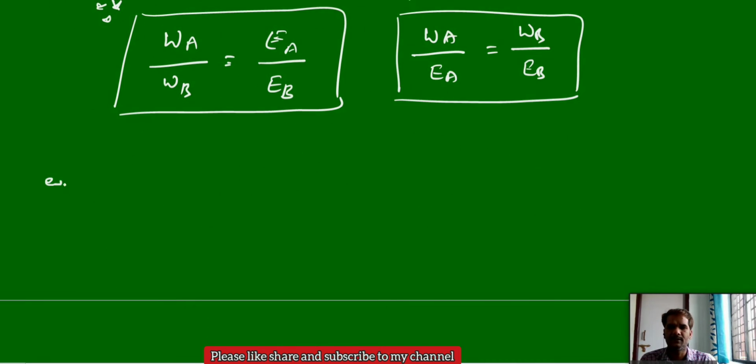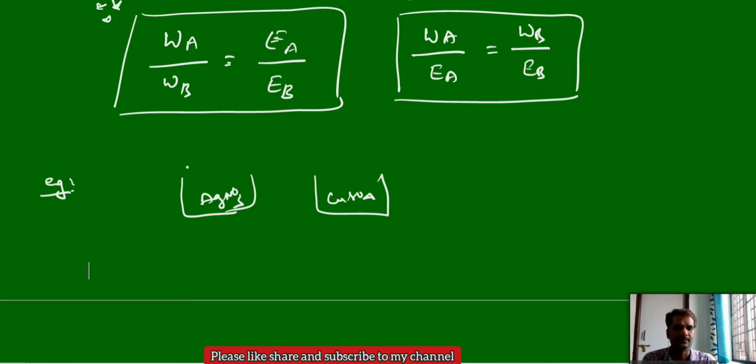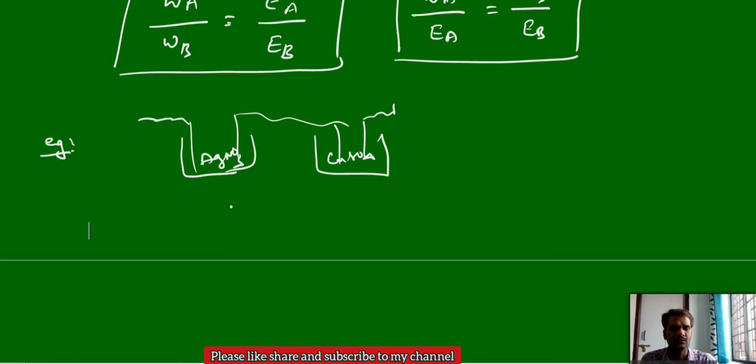Let us take one example here. If we take two electrolytic solutions, one silver nitrate and one copper sulfate, for example, and we connect these two in series and pass the same amount of current, then the amount of silver and copper deposited at the cathodes will be like this: weight of silver by weight of copper is equal to equivalent weight of silver by equivalent weight of copper.